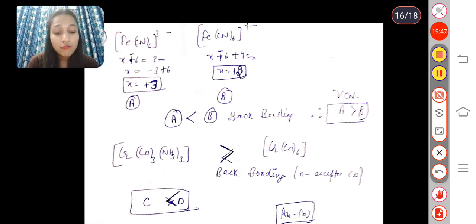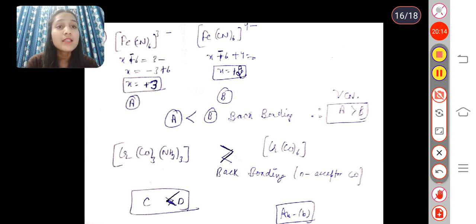So first calculate the oxidation state of iron in both cases. For the first case we have +3 oxidation state, and for the second it is +2. As in the first case we have Fe with +3 oxidation state, here we have the concept of back bonding. If it is in +3 oxidation state, then it is very difficult for the metal Fe to donate electrons.